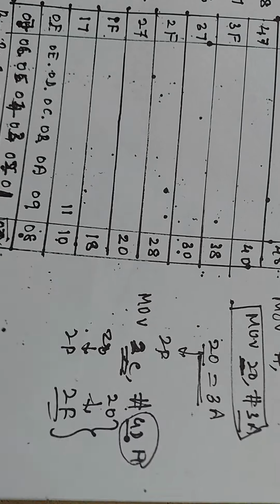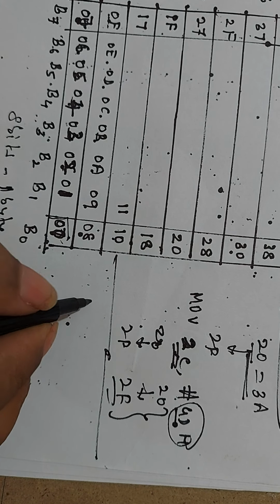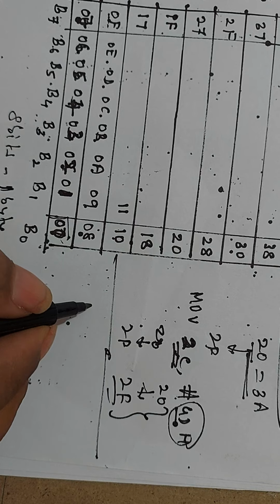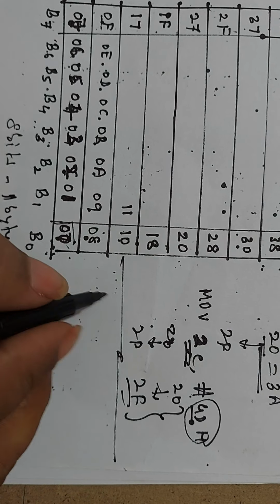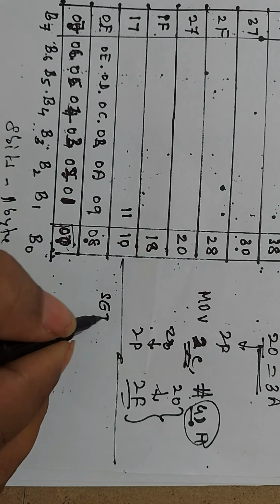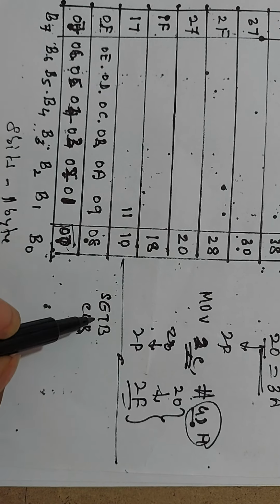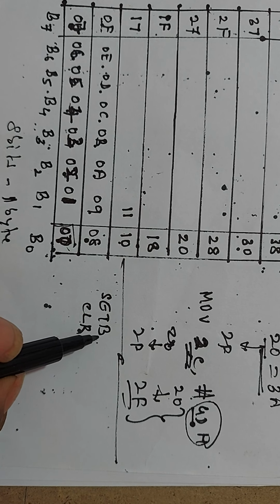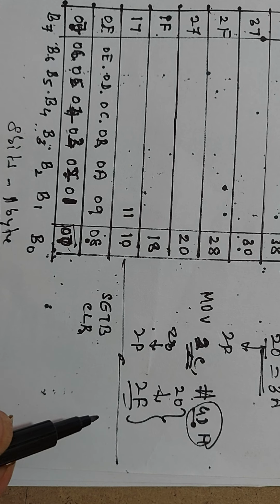What is a bit address? I will give an example. There are two instructions for bit operation: set bit and clear bit. The set bit instruction sets a single bit to 1.